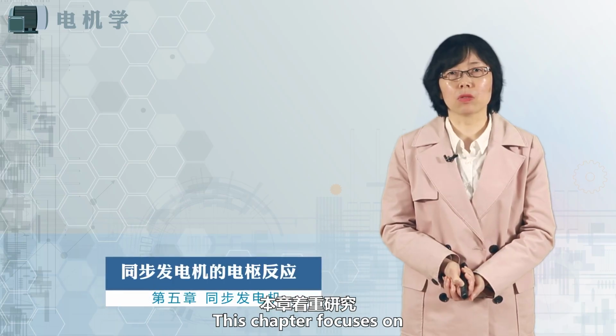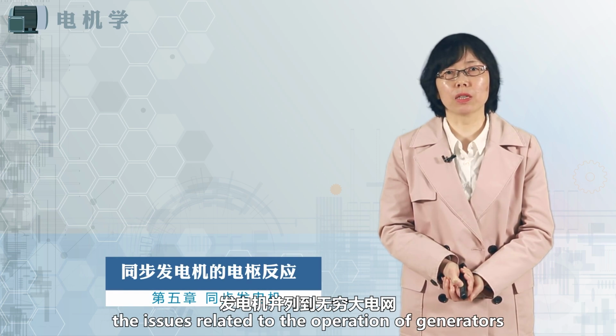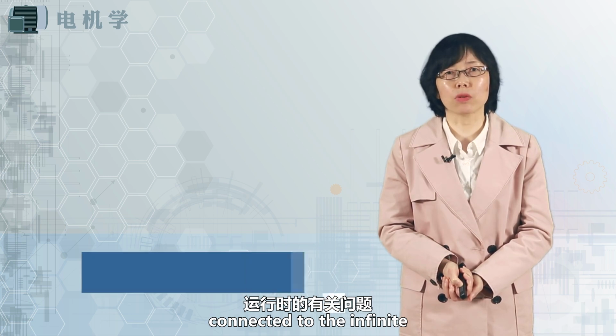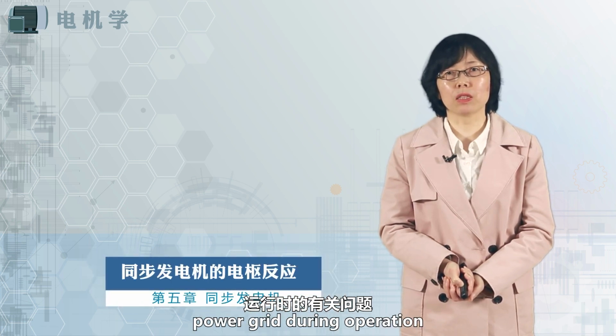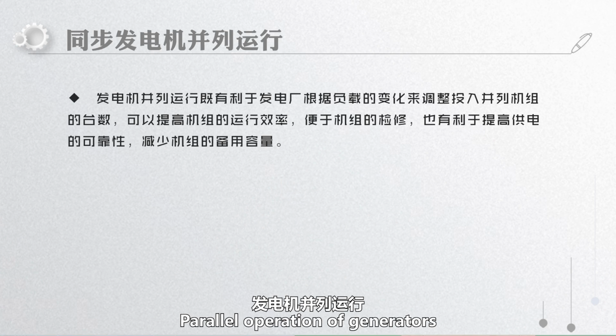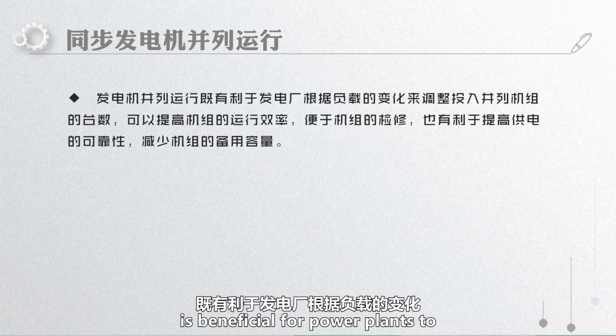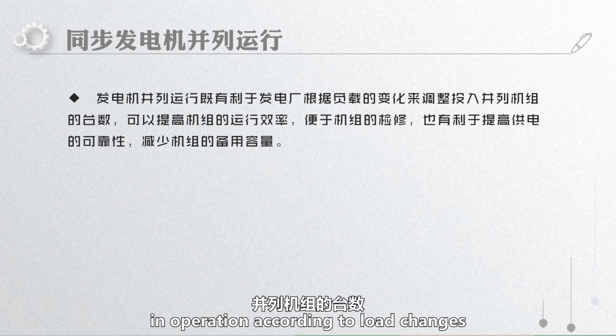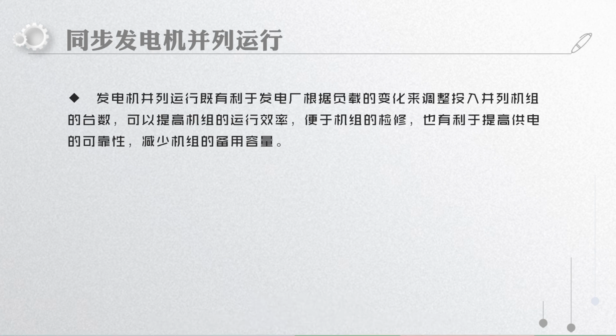This chapter focuses on the issues related to the operation of generators connected to the infinite power grid. Parallel operation of generators is beneficial for power plants to adjust the number of units in operation according to load changes.